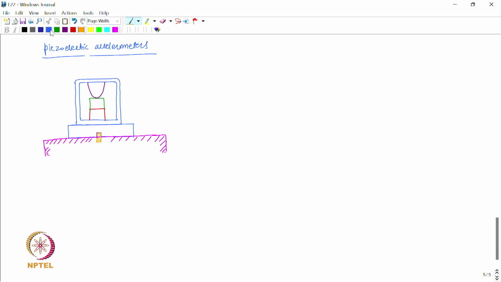And then we have, so this is the preloading spring, this is the seismic mass, this is the piezoelectric disc, right, and then we have these conductors which basically collect the electric charge developed on the piezoelectric crystal surfaces like this.